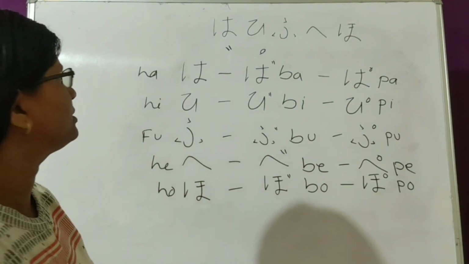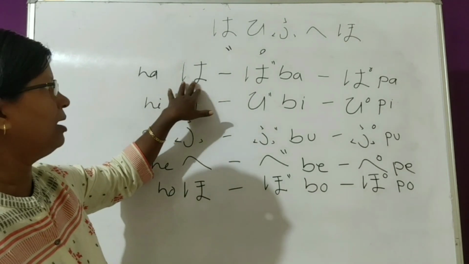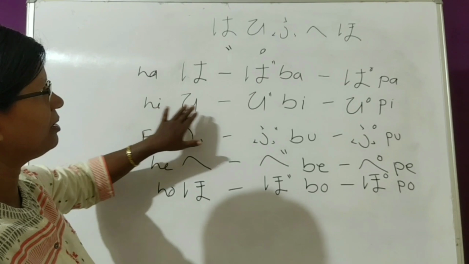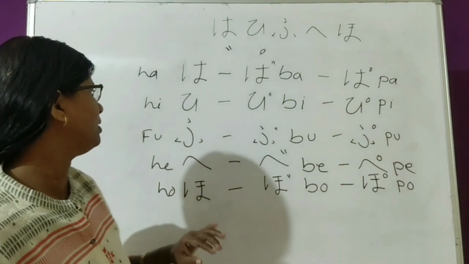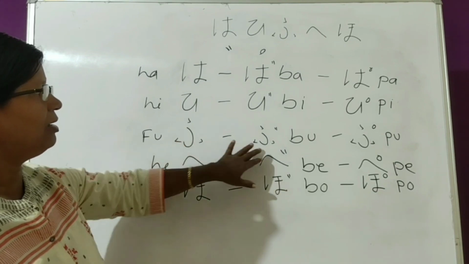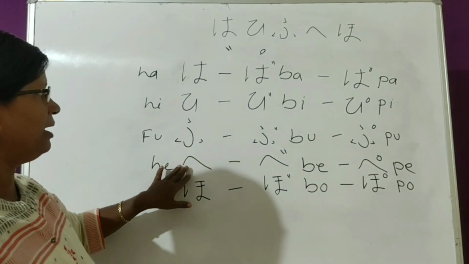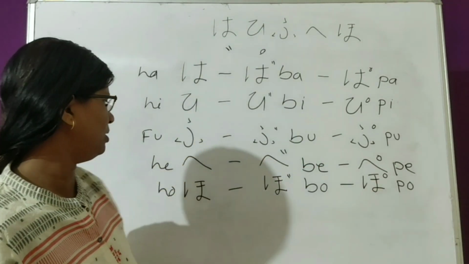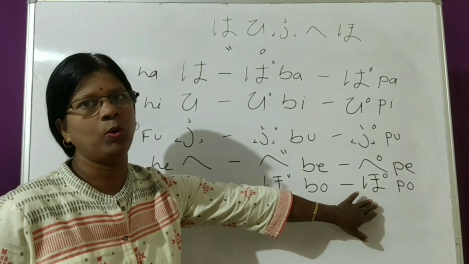Okay, my friends. Let's read. Ha, ba, pa, hi, bi, pi, fu, bu, pu, he, be, pe, ho, bo, po.